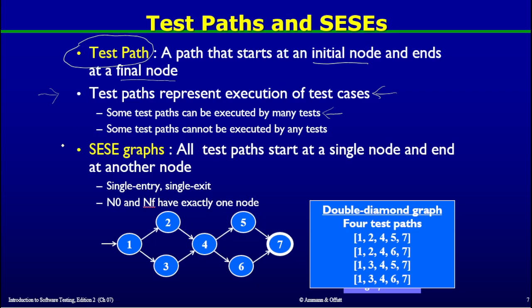And likewise, there is also a possibility that certain parts in the graph of a program are not executed by any test. So now the next definition is of a SESE graph, and what is meant by that?